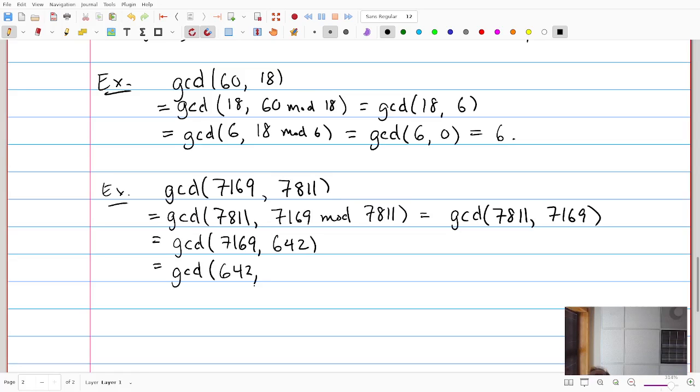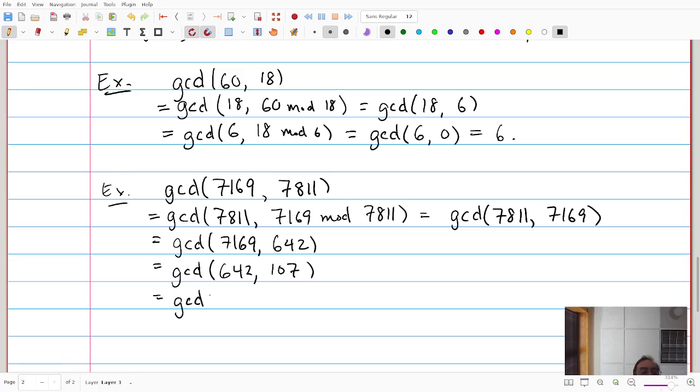And if you're doing something like this on a module, I don't expect you to do this in your head. Just put it in the calculator, or use Disco, or whatever. But it turns out that 7169 mod 642 is 107. You can take my word for it, or you can check later in the calculator.